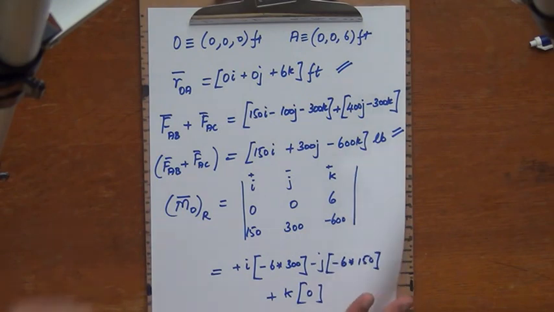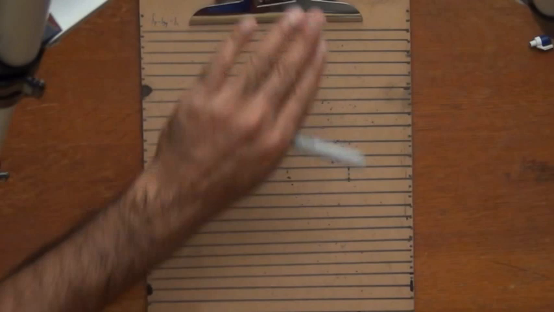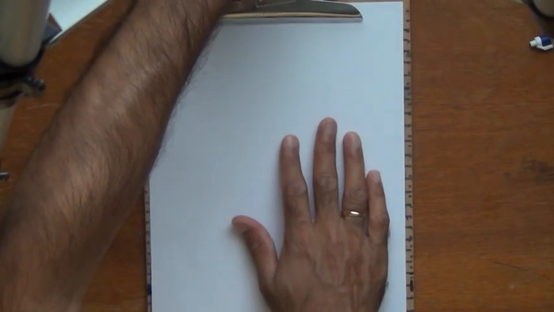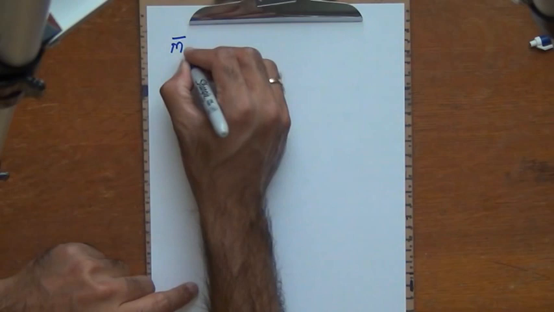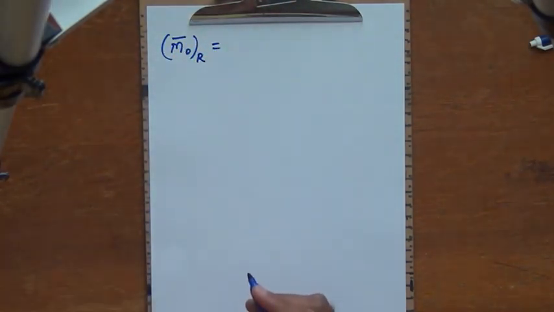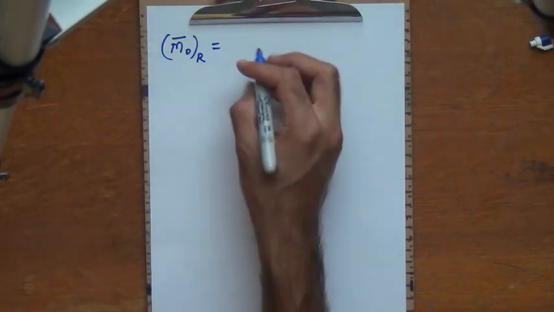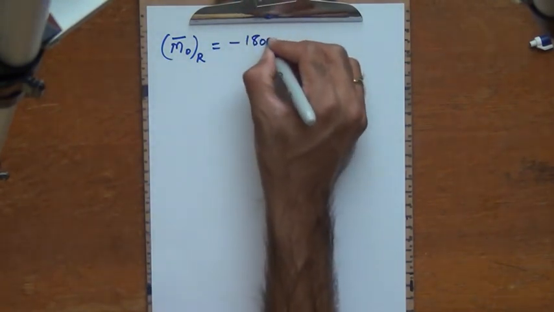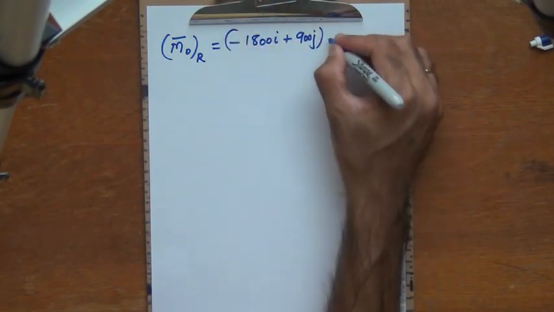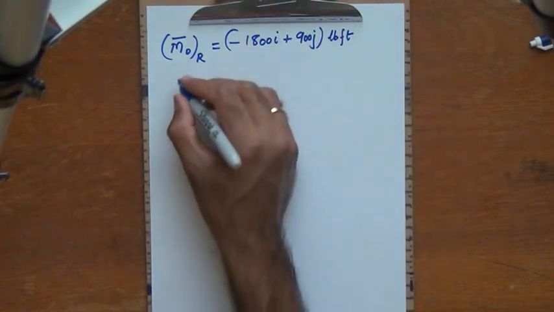Alright, so computing the answer gives us the following. So MO resultant is going to be something in the i direction, something in the j direction, and once you compute the answer, it's going to be 1800i and then 900j, so many pound-feet.